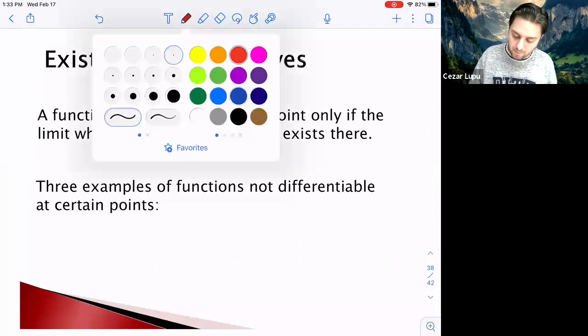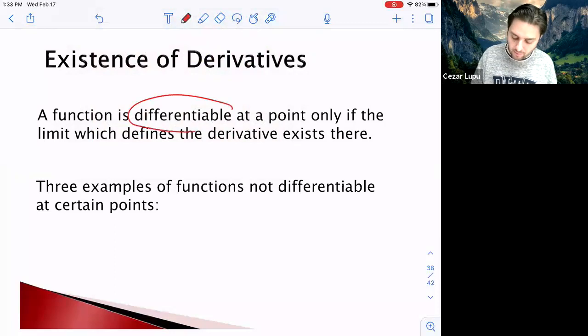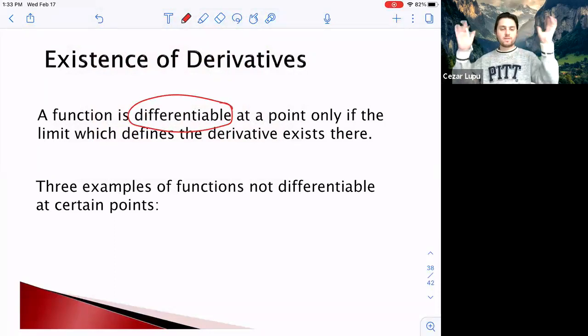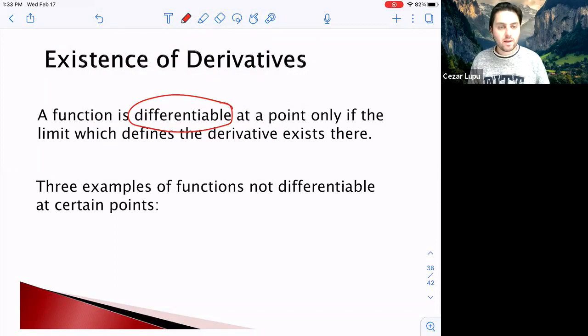So this is the set of functions that we call differentiable functions. In other words, there are functions for which the derivatives exist.